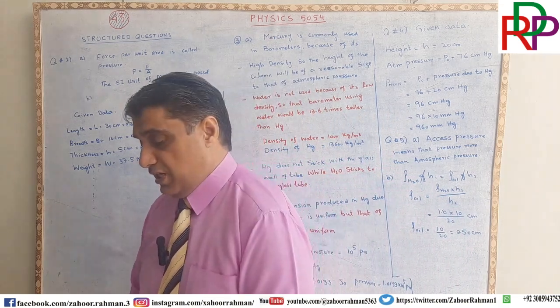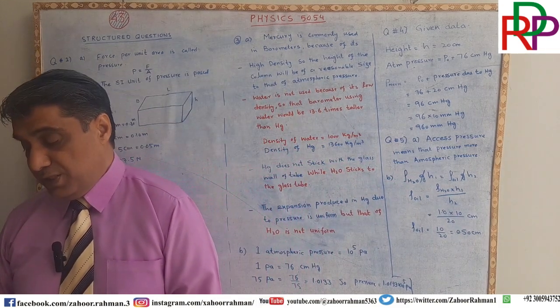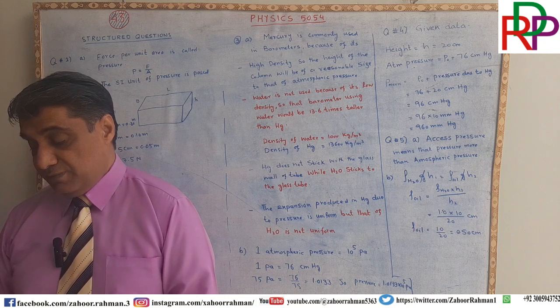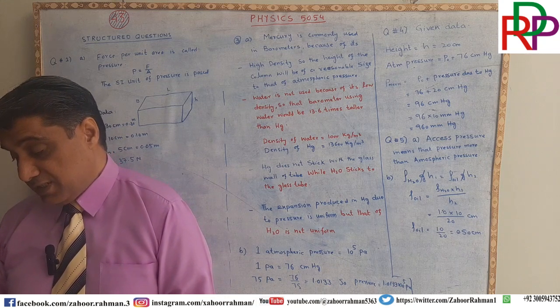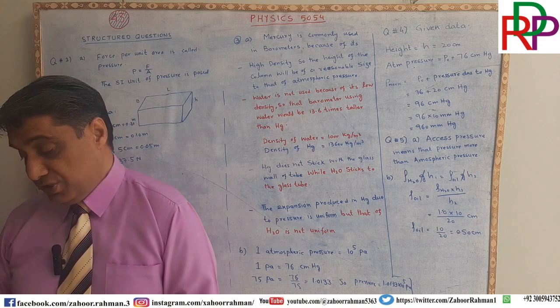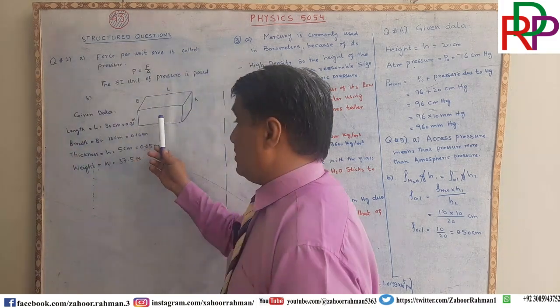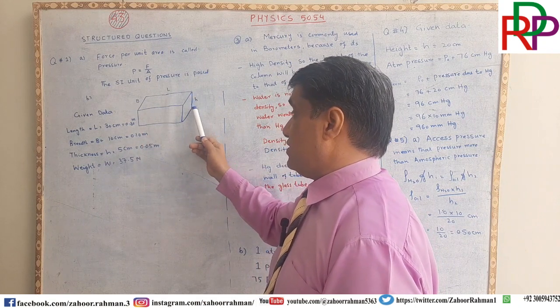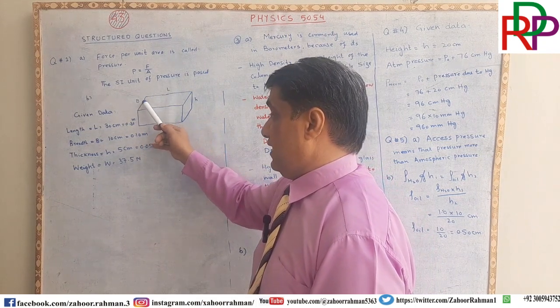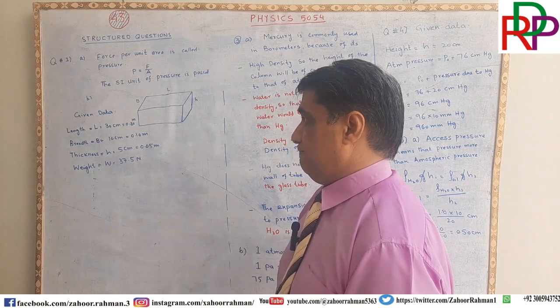Now let us turn our focus to part B of question number 1. B part is saying a rectangular glass block of dimension 30 centimeter, that is a rectangular glass block where this is the height, this is the length, and this is the breadth.